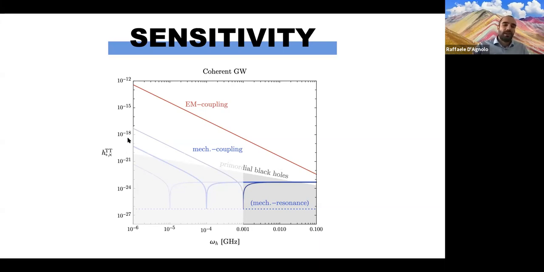But okay, the strain sensitivity is not spectacular and is probably not going to get all the way down to interesting cosmological sources.